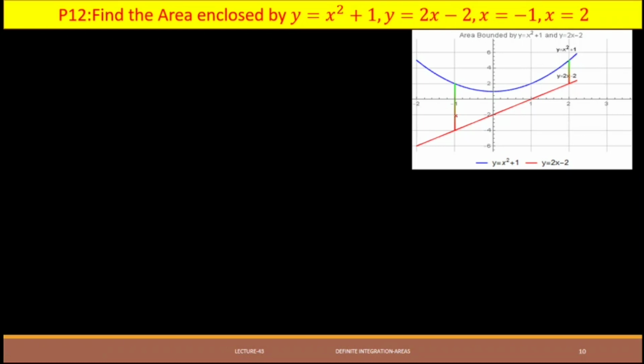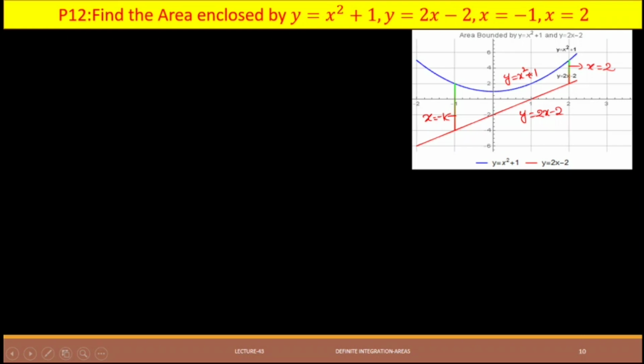This is the line x is equal to minus 1, this is the line x is equal to 2, this is the straight line y is equal to 2x minus 2, and the blue curve is y is equal to x square plus 1.